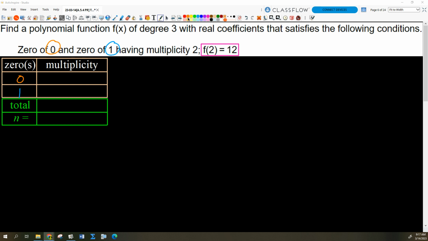It says I want to make degree 3, right? It tells me that the multiplicity of the zero at x equals 1 is 2, right? Well, if I want this to add up to 3, then that must mean that the multiplicity of the zero at 0 is 1, right? Okay, fair enough. So then let's build our polynomial.